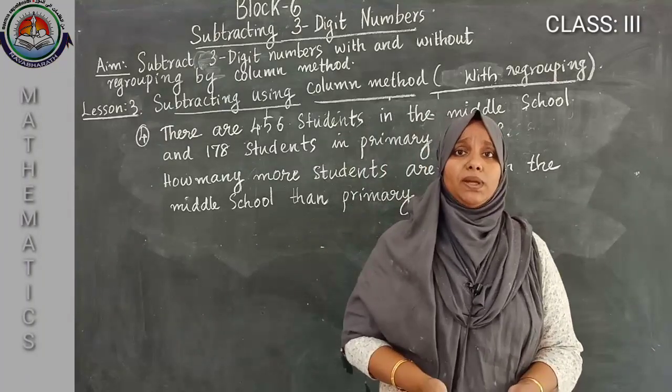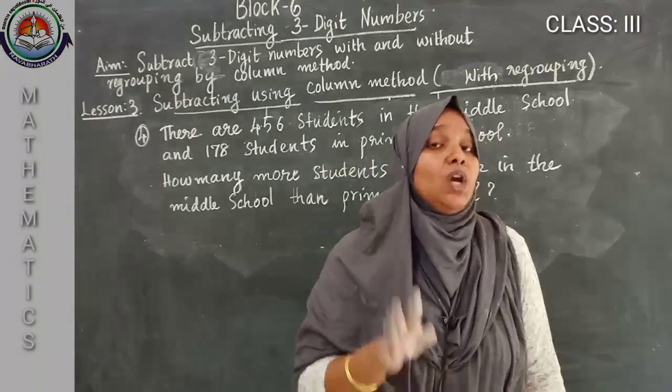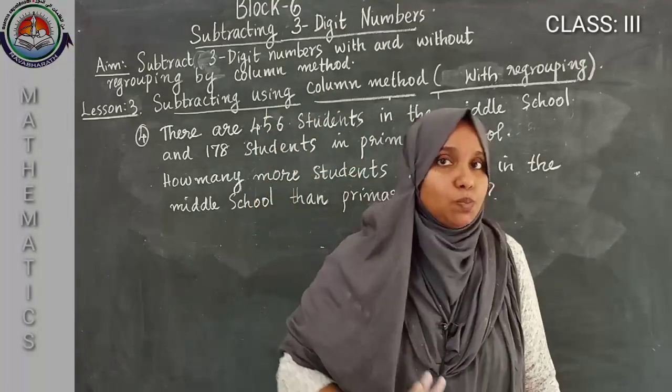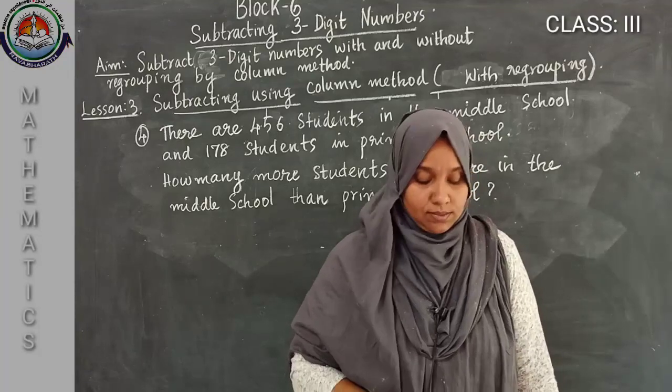How can we do the subtraction? We can follow the column method, but during subtraction we should write the bigger number on the top and the smaller number just below that. Okay, can we do that?